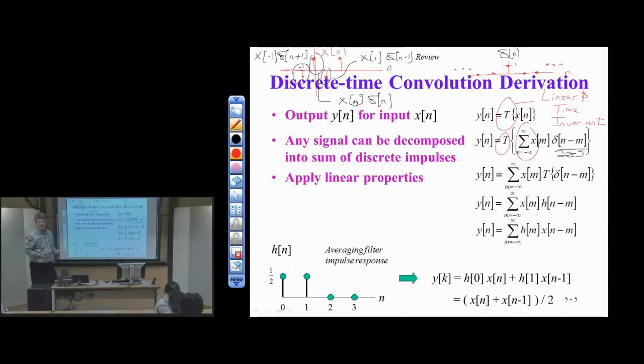And from the additivity property, if I have a sum of signals at the input, I get a sum of their individual outputs. So I can change the order of the summation and of application of the system. The system works with respect to discrete time little n. So I interchange these two, so I swap these two for the property of additivity.